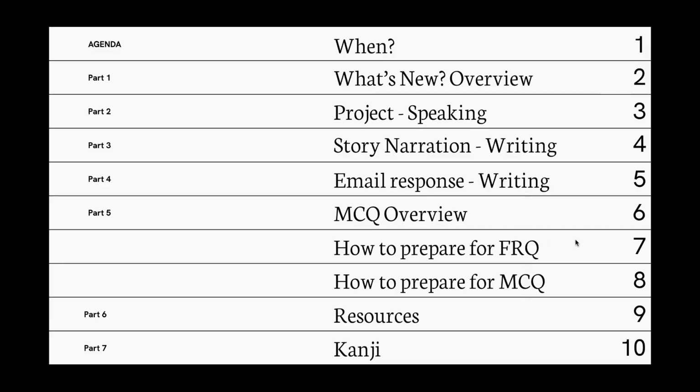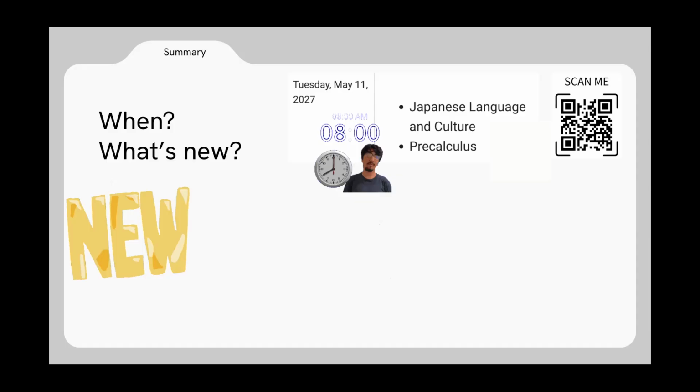Today is part one: what's new? First of all, when is the exam? If you look at the AP College Board website, it's so scattered. They keep updating here and there. Oops, I forgot to update this part.